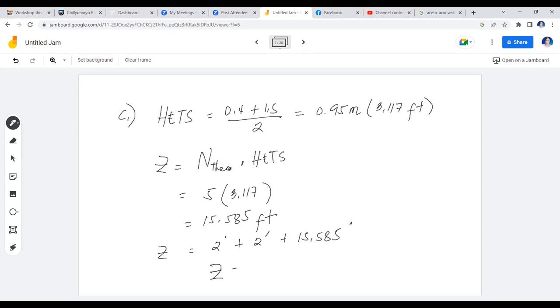So the true tower height then is 19.585 feet. So don't forget to add 4 feet for the settling zone at the bottom, and the feeding nozzles, inlet nozzles at the top. So that would be your tower height.